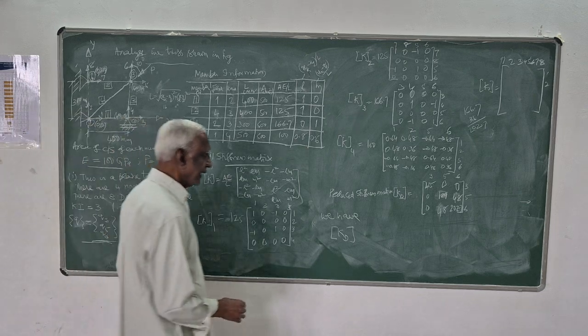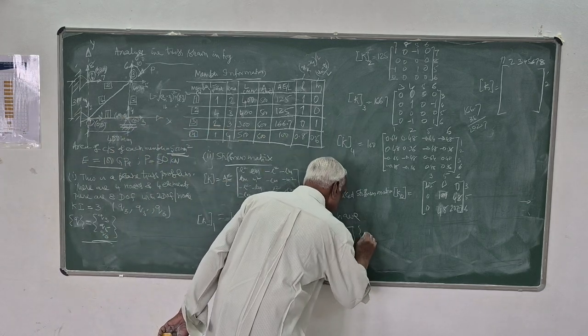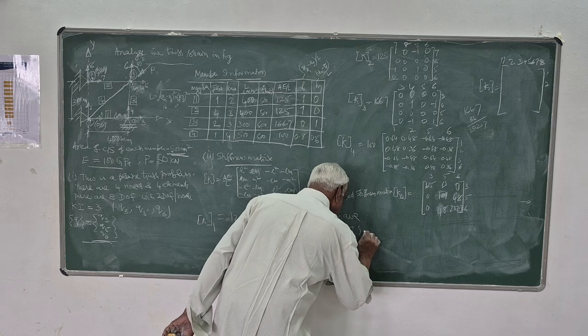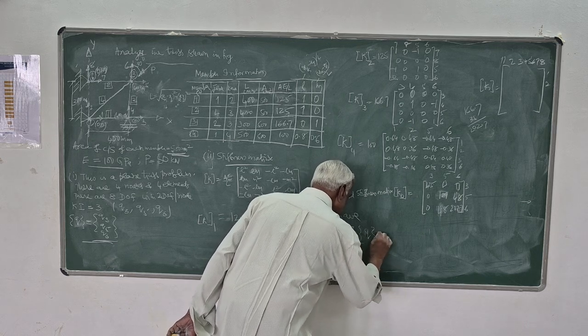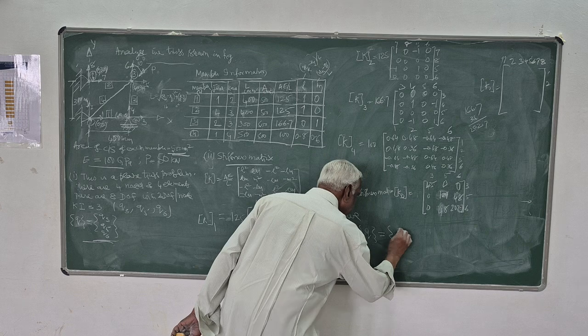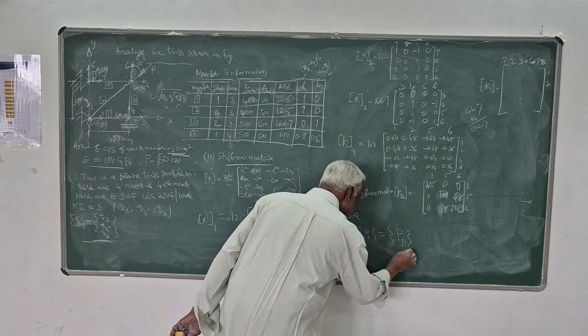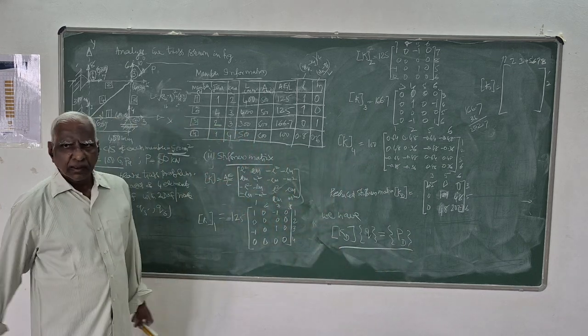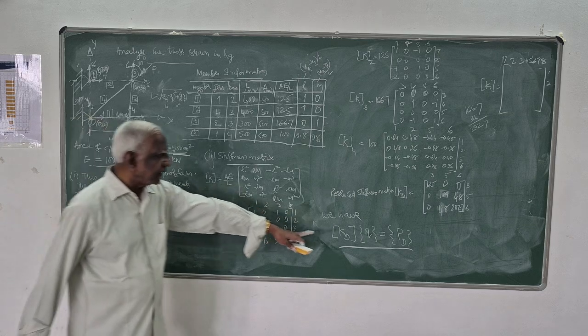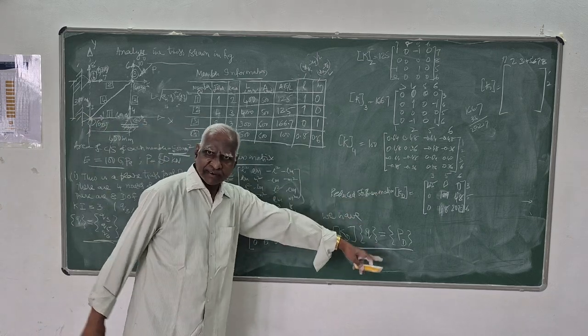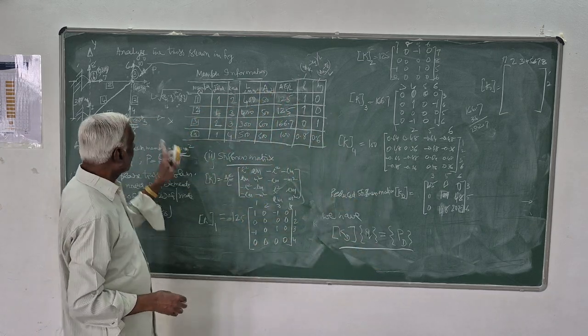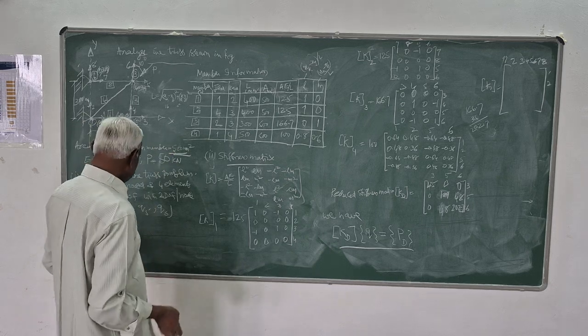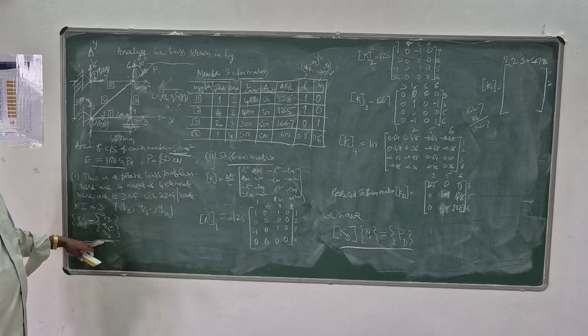Element equation: KD into unknown displacement Q is equal to PD. KD I have determined. The load vector you have to find out, corresponding to these unknowns only.